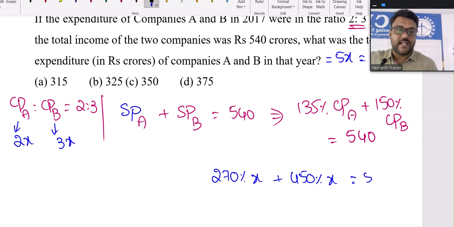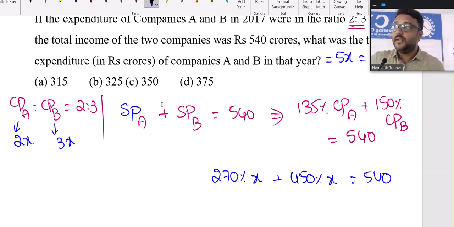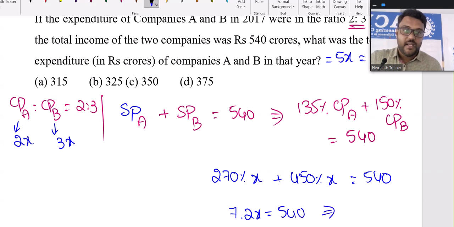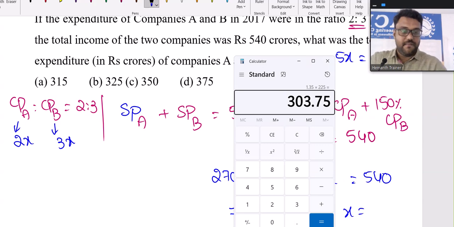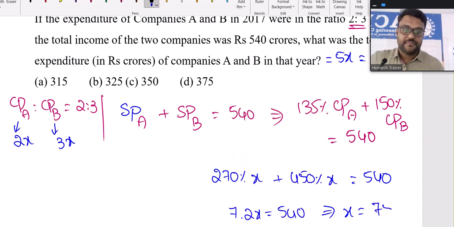Now both are x, right? 270 plus 450 is how much? 720%. 720% means 720 divided by 100, which is 7.2. 7.2x is 540. X is what? 540 divided by 7.2. X is 75.